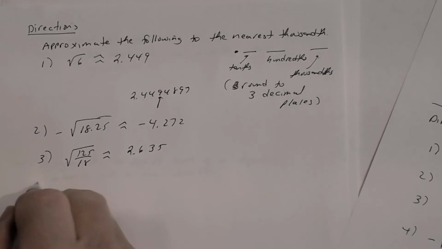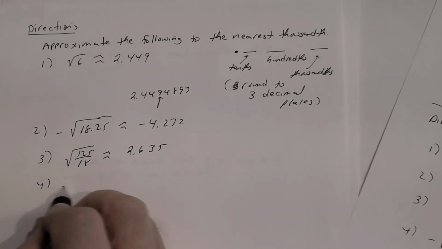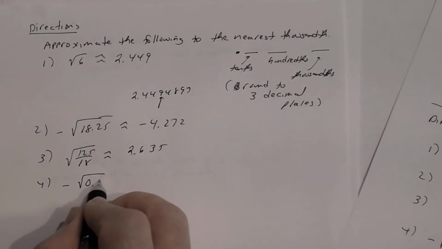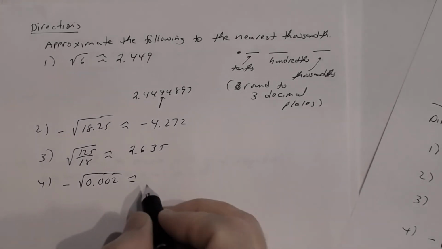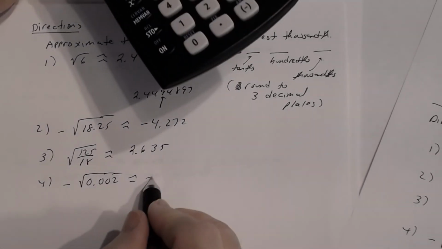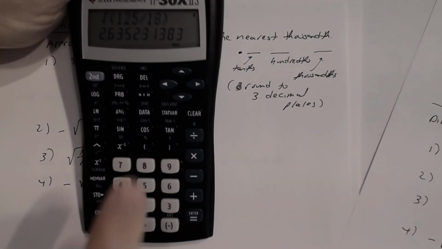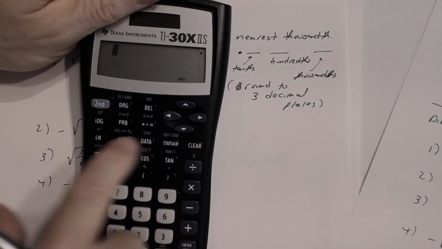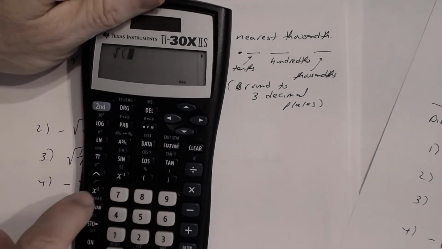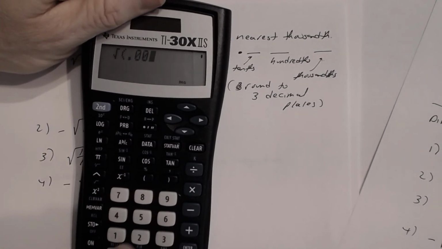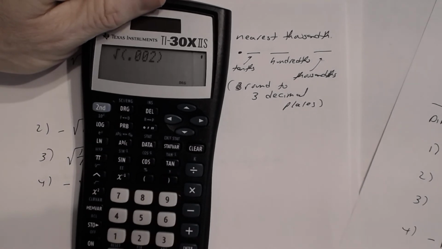All right, number 4, you have negative square root of 0.002. Let's see what that is. We know it's going to be negative. So square root of 0.002, close the parentheses, press equal.